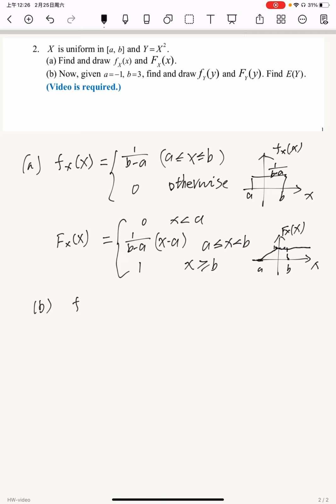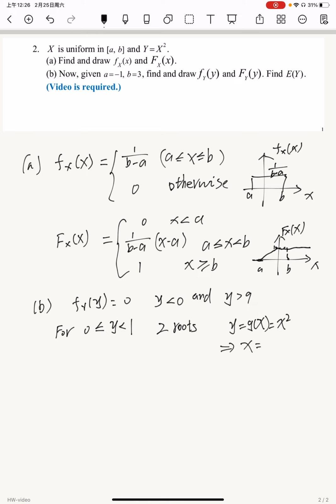We know that f_Y equals 0 for Y less than 0 and for Y bigger than 9. So for 0 less than or equal to Y less than 1, there are two roots, since Y is g(x) equals x squared, which gives x equals plus or minus the square root of y.